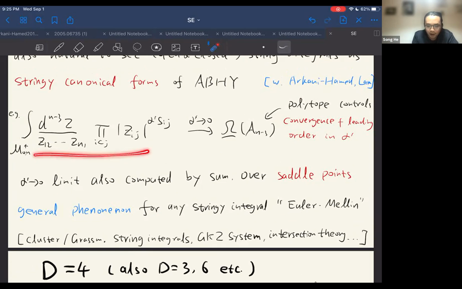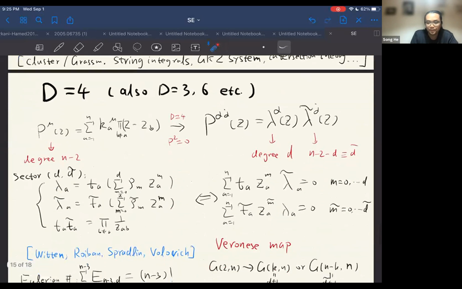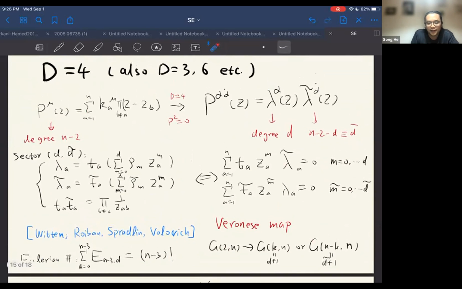So you can view string integrals, or finite integrals in the intersection theory context, or more general objects, under the same concept of stringy integrals. And we found that the fact that the CHY formula exists for strings is just a special case of this general phenomenon that you can take alpha prime to infinity, which also computes alpha prime to 0.